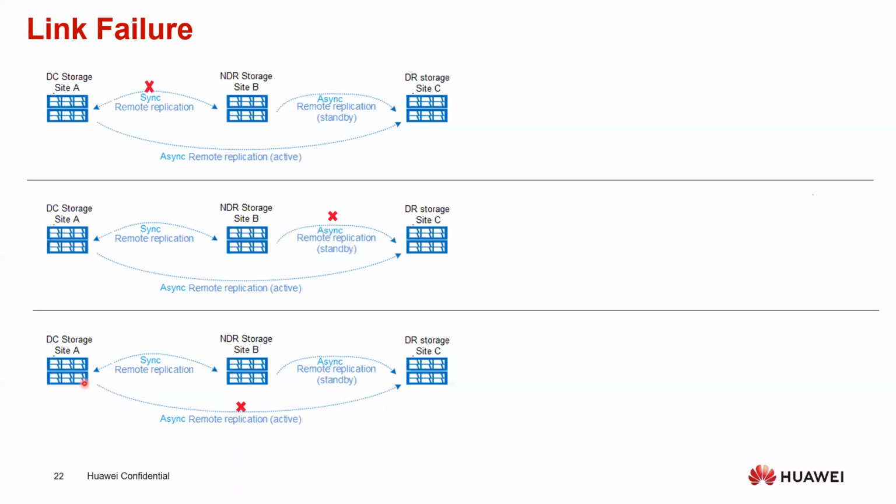Similarly, for the link from A to C, if the link between A and C is down, and this is my active link, in that situation, what will happen? My site A and site B are still supporting the business. There is no business impact. And because we need to maintain the data consistency for site C as well, and this link is not available to synchronize the information, what will happen?